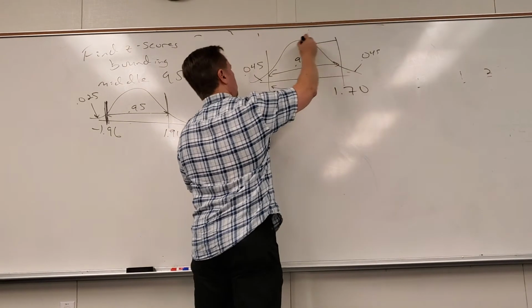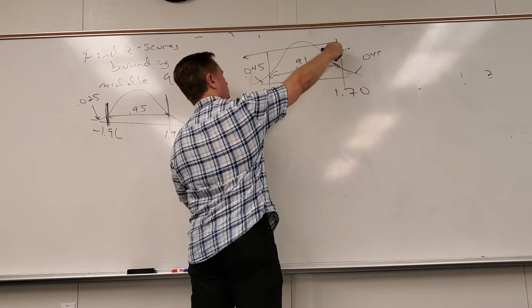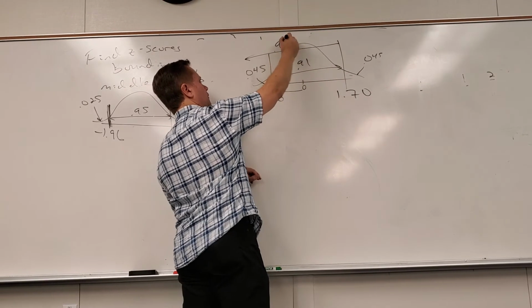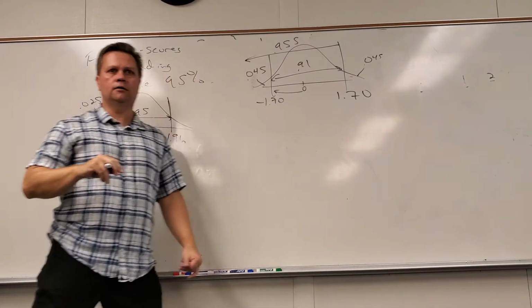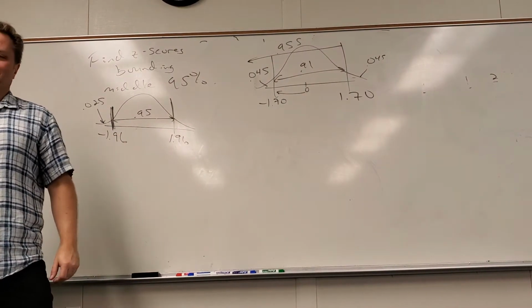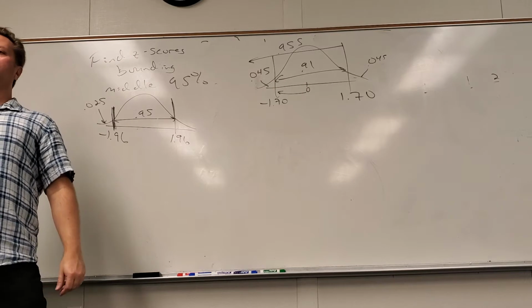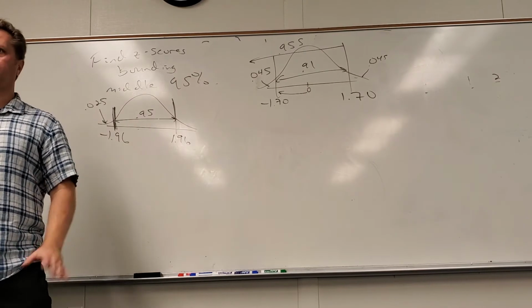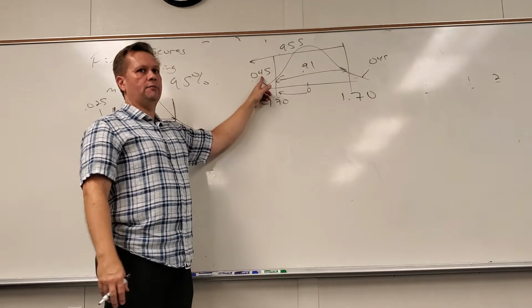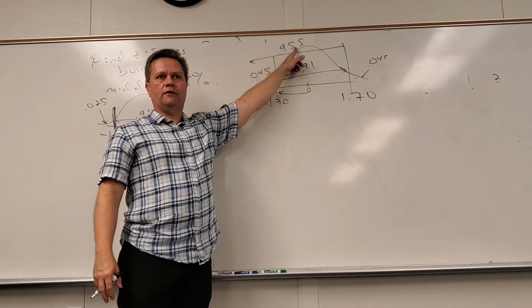Now, if you don't quite trust me, watch this. What area is below this? 0.91 plus 0.045, so 0.955. Well, that's 91%, and that's 4.5%. That's 95.5%, right?